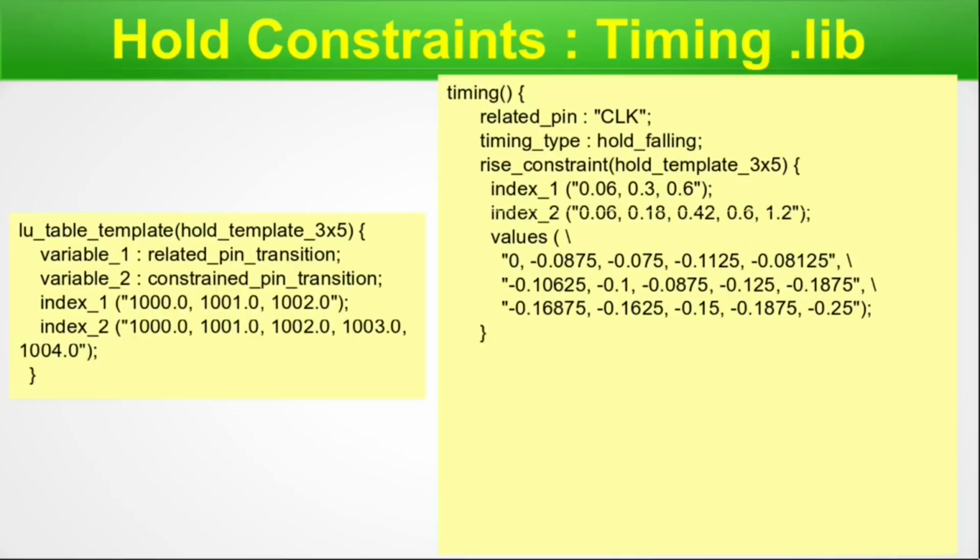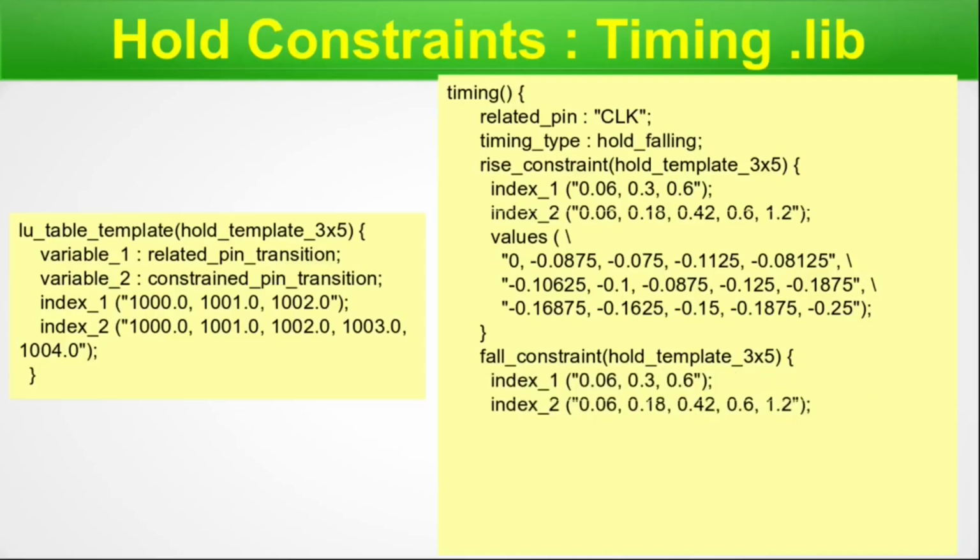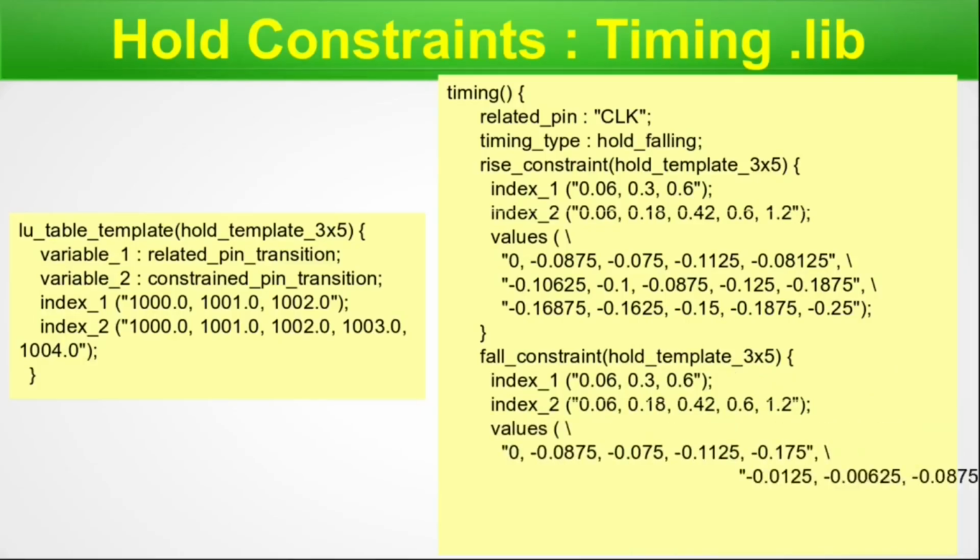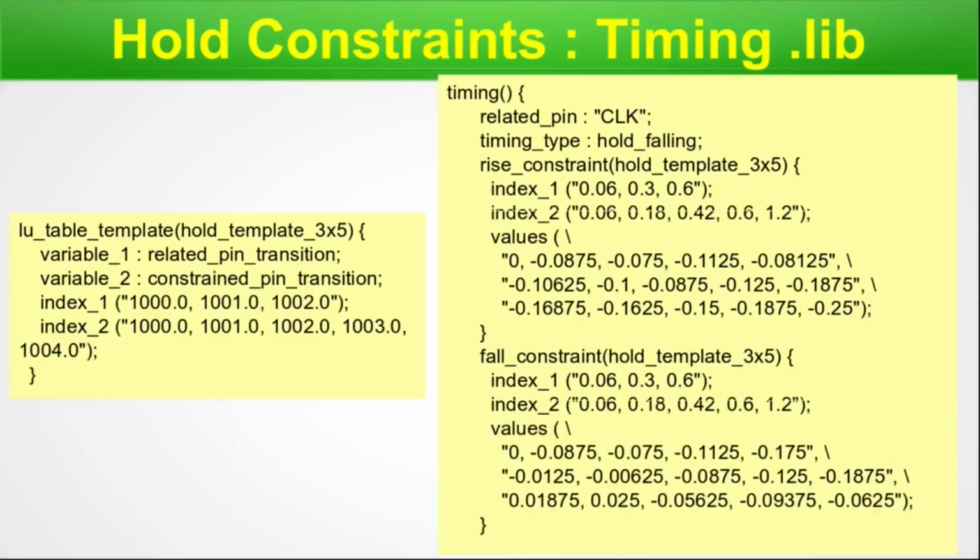Again, we close this particular rise constraint lookup table, and next we have the fall constraint. Index 1, index 2, we have the row and column index values, and we have the first row, second row, third row, and we finally close it, and finally close the timing block.